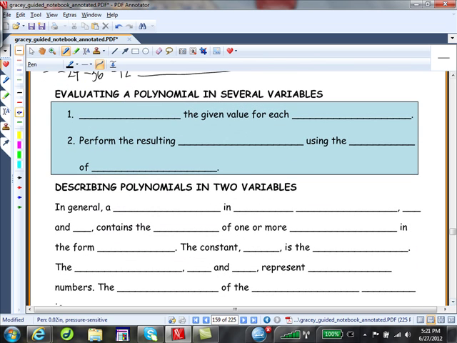Evaluating a polynomial in several variables. First step, substitute, that's what we did up there, the given value for each variable.